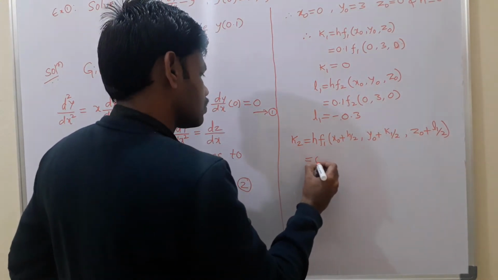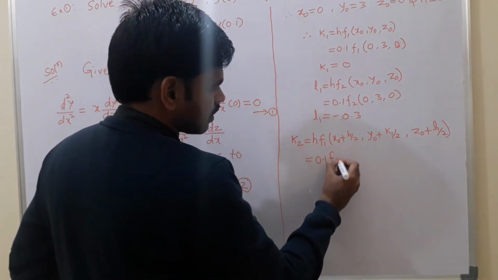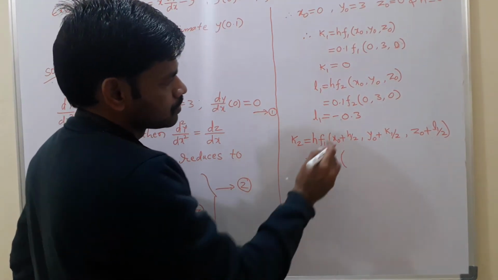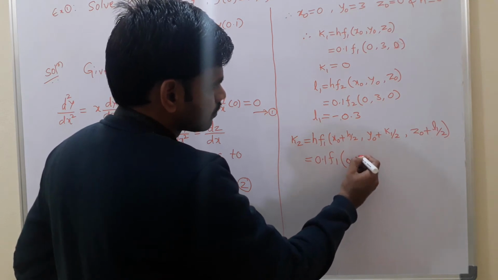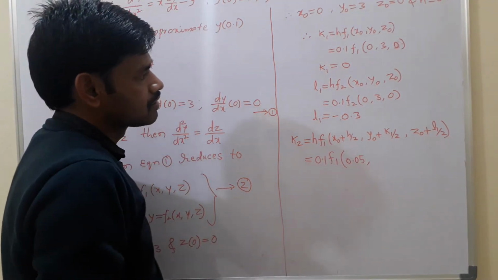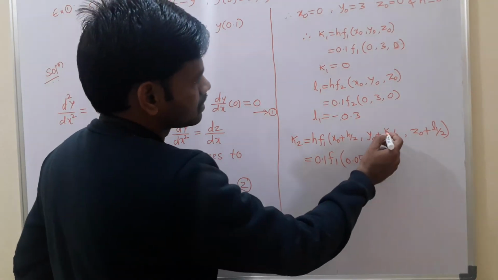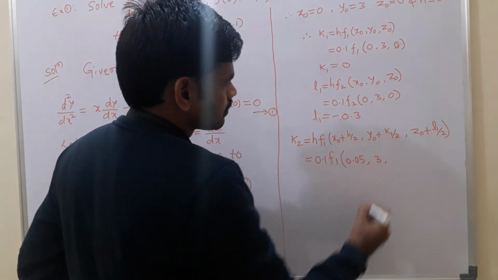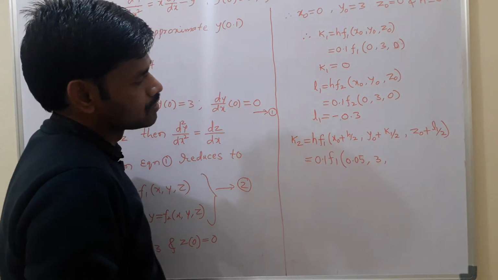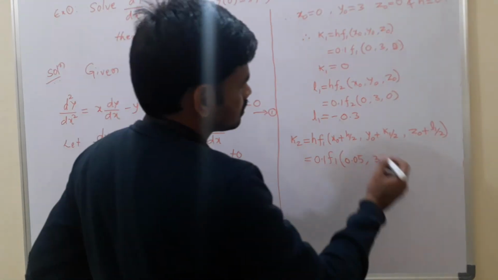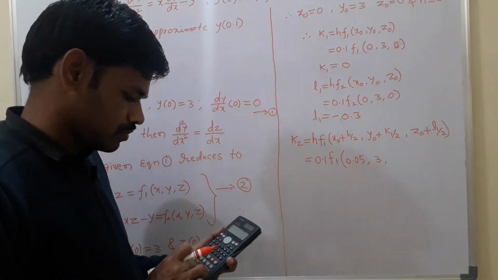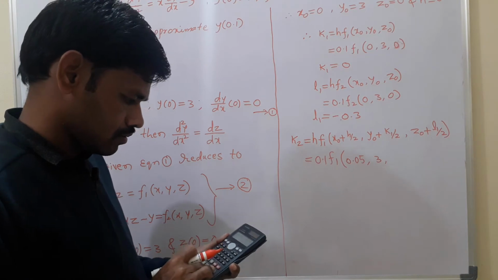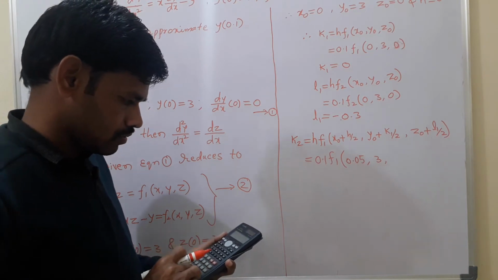That is equal to 0.1 f1, where x naught is 0 and h by 2 gives 0.05, and y naught is 3 plus k1 by 2, k1 is 0, we get 3, z naught plus L1 by 2, z naught is 0, L1 is minus 0.3 divided by 2, we get minus 0.15.